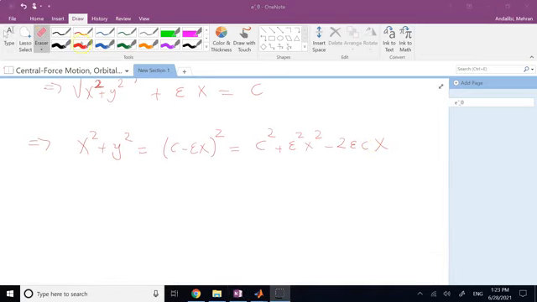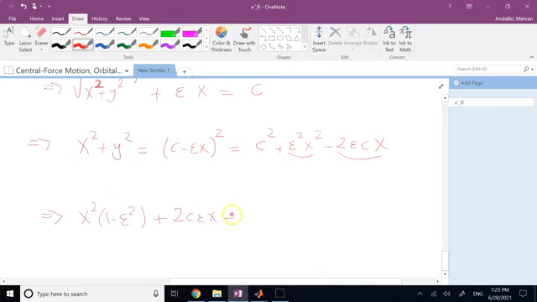Now what you can do is bring these two terms to the left hand side, and if you do that, you will get x squared times 1 minus epsilon squared plus 2c epsilon x plus y squared is equal to c squared, which clearly is the equation of an ellipse, right?